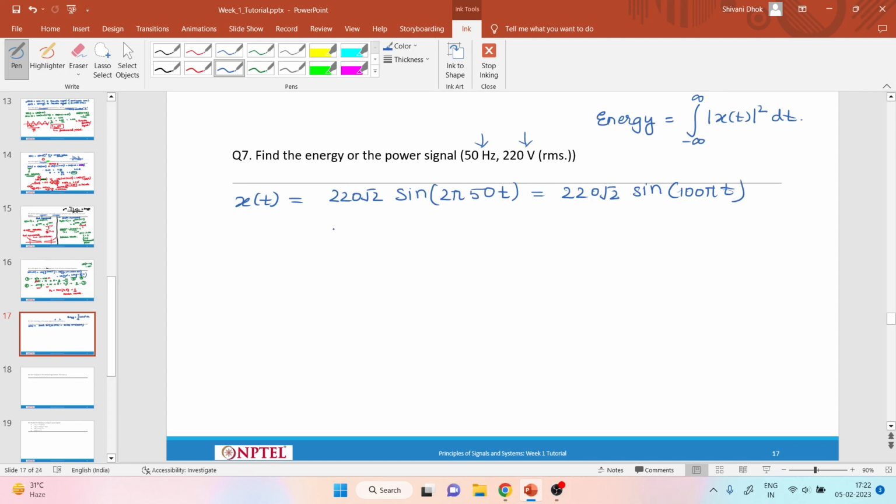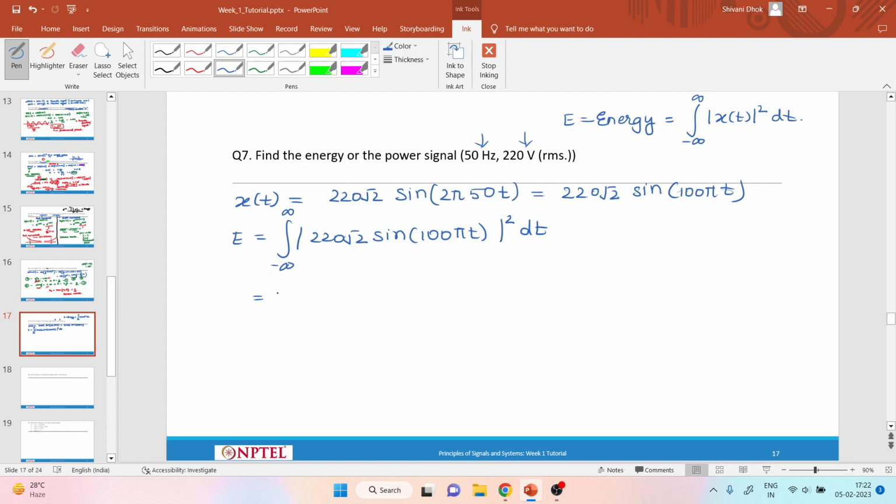So let us use this formula, and let me denote this using E. So we have E is equal to integral from minus infinity to infinity mod of 220 root 2 sine 100 pi t mod square dt.